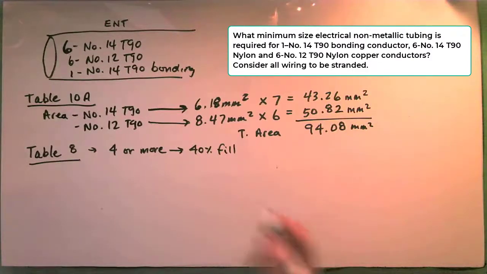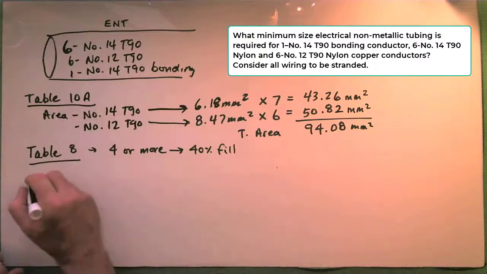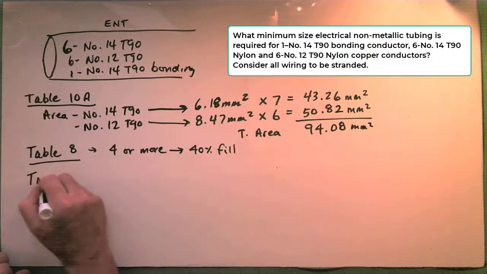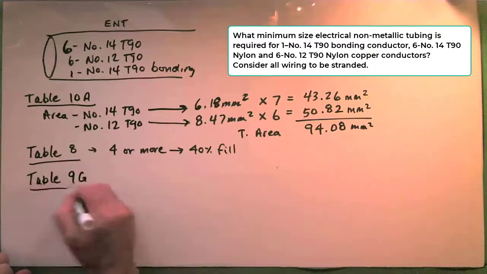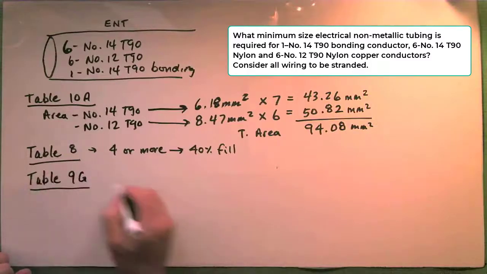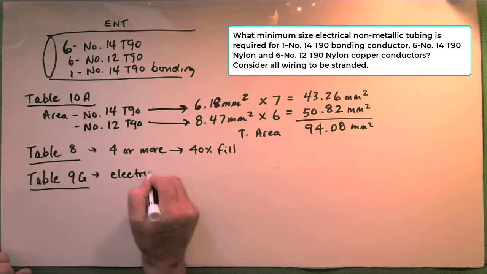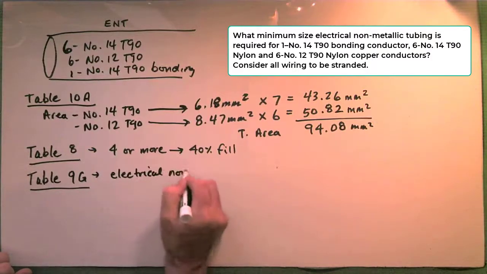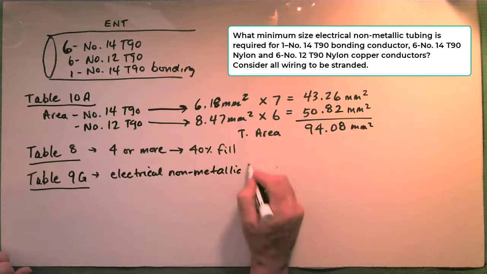Okay, when the 2021, this one's nice. I don't even know where that is in the 2018. But in the 2021, I'm going to go to table 9G. Okay, table 9G. I've got to look for electrical non-metallic tubing.